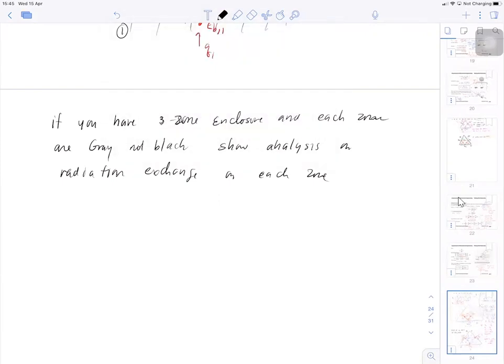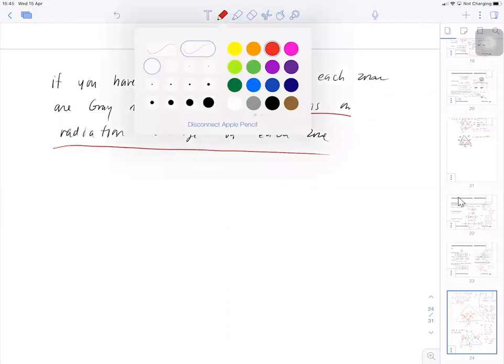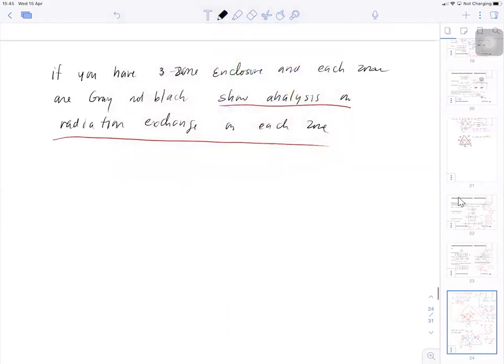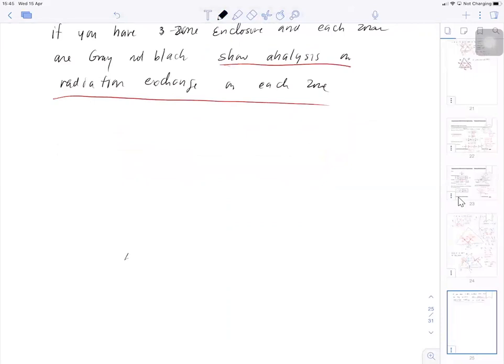Okay? If somebody asks you this, show analysis of the radiation exchange on each zone, you have to represent the surfaces like that.